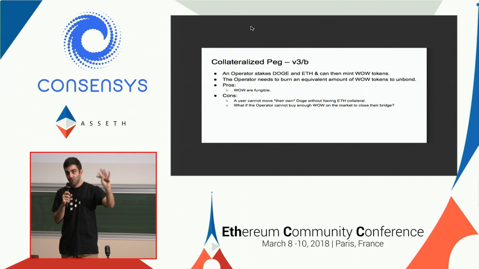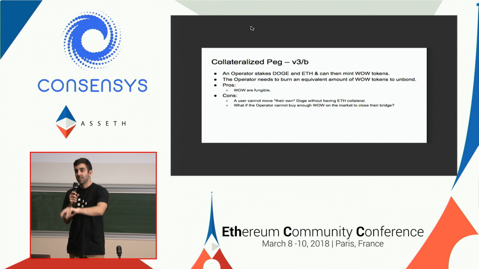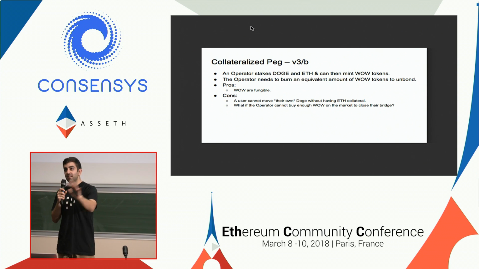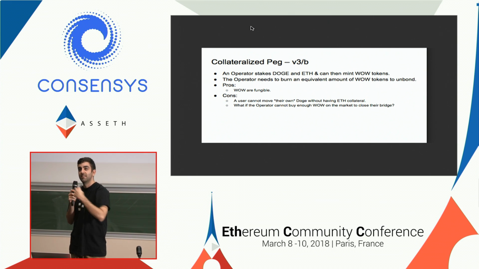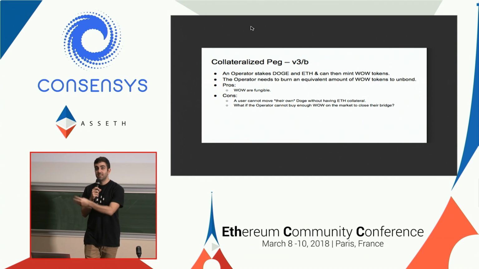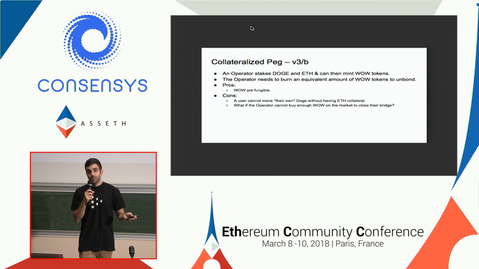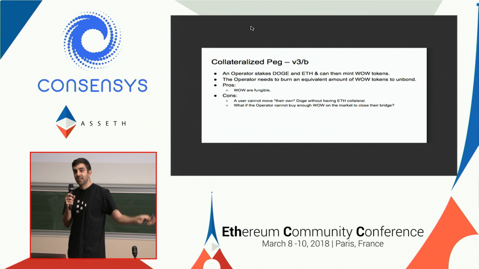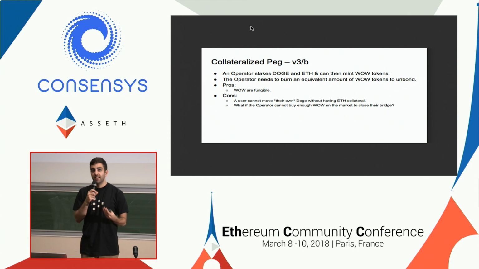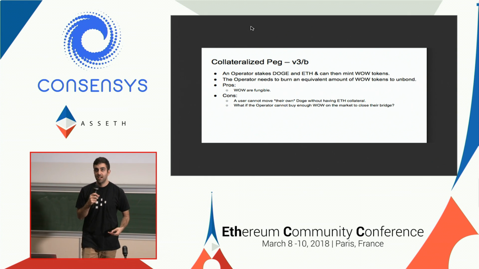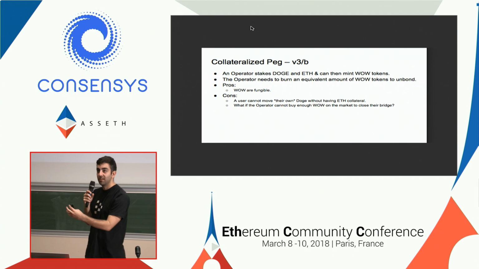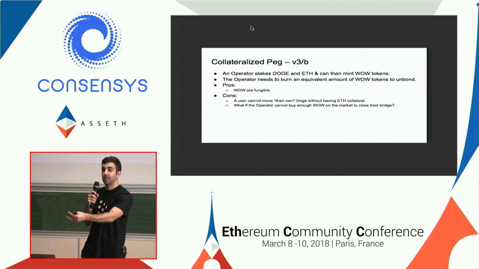So I provide both the Doge and the ETH stake, and I immediately mint an equal number of WOW tokens that I just hold. And then I can go to the market and sell these WOW tokens to other people. So WOW tokens get created, they get dispersed around the market, and then at any point, if I want to close the bridge, I need to buy back enough of these WOW tokens and burn them to be able to close my bridge.